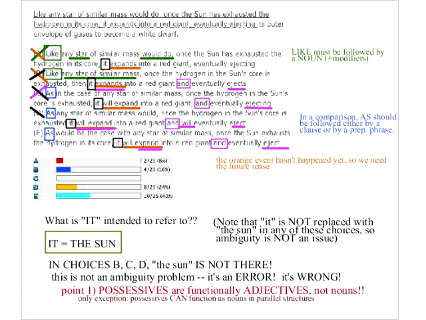For example, if you say something like, my brother's wife is the same height as mine, or is the same height as Joe's, in this case, Joe's stands for Joe's wife. Because it's a parallel structure, that's fine. But in any other instance, it's not. So for example, the sun's here counts as an adjective that modifies core.